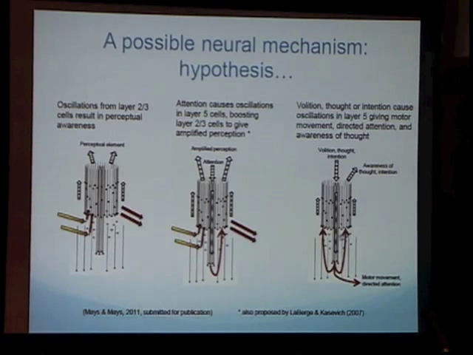That would first induce whatever you're trying to do: motor movement, directed attention, or having a thought. But if you're having a thought, it might directly induce many columns in its area, and you would have the awareness of your thought or intention. So that is the hypothesis.